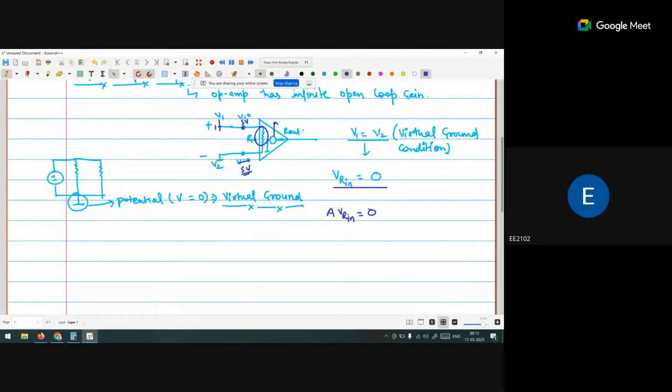What is the gain? The gain will be multiplied with zero. It is zero.